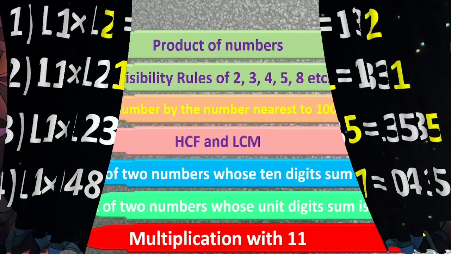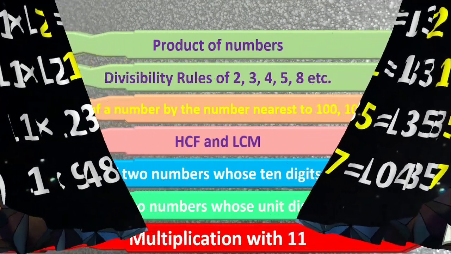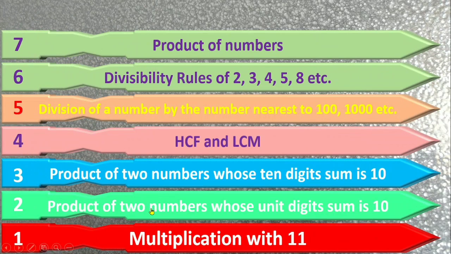Now moving to the next trick. Product of two numbers whose unit digit sum is 10. Here you can see unit digits are 5 and 5, and 5 plus 5 is 10, while ten's digits are same.